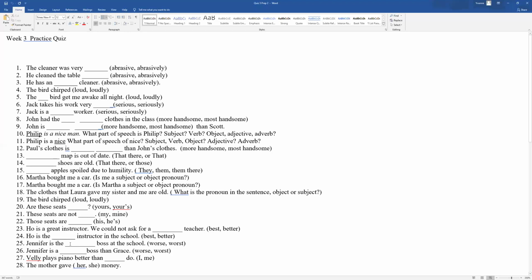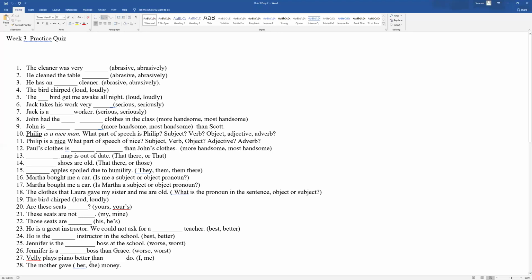"Jennifer is the worst boss at the school." We use "worst" because it is the superlative form. Same thing here: "Jennifer is a worse boss than Grace." We use "worse than" because we are comparing two people. Whenever we're comparing two people, we use the comparative, "worse."